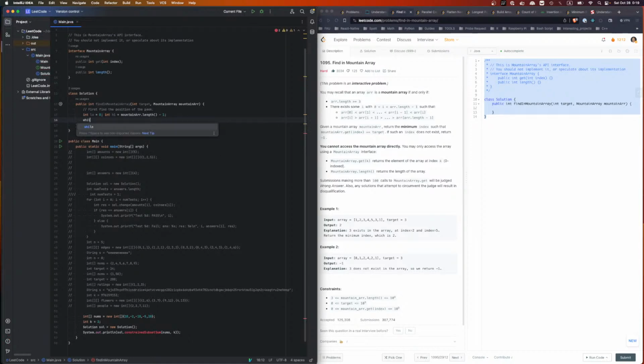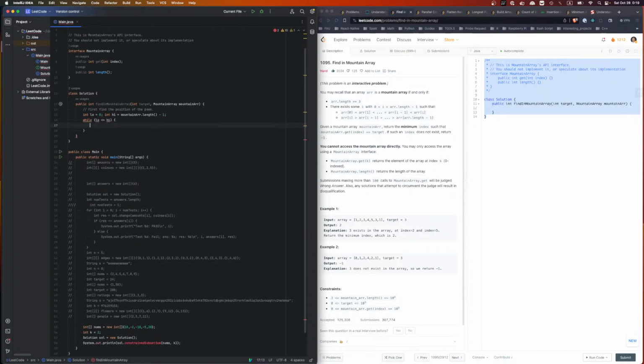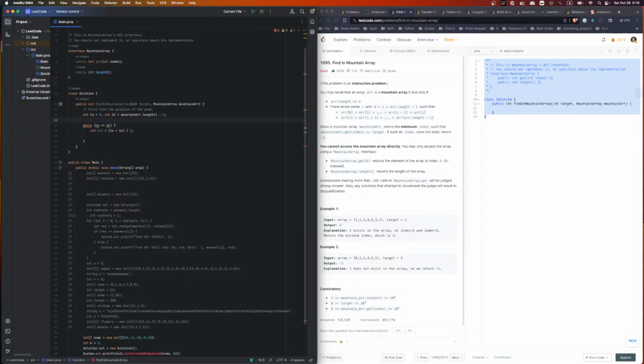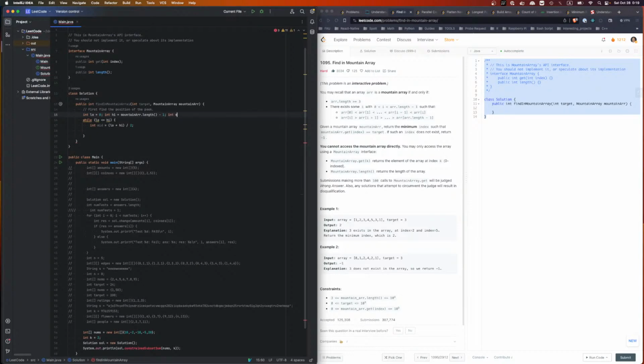And then while low is smaller or equal to high, int mid equal to low plus high divided by 2. Let's do int mid outside. So mid is this, right?